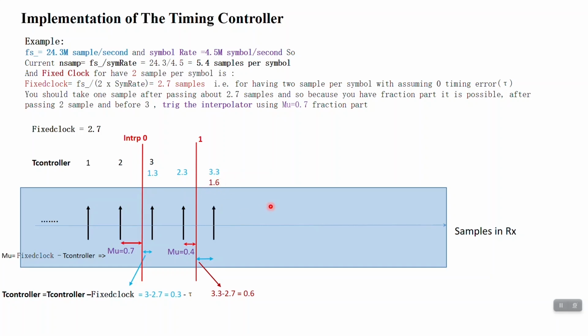1.6, and by second it's add by 1, it's T controller of this value, this sample is 2.6, and for this sample 3.6.